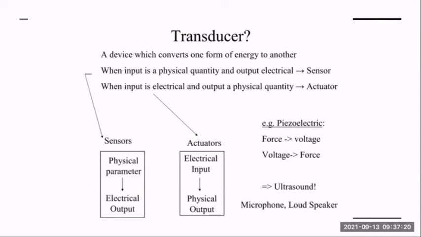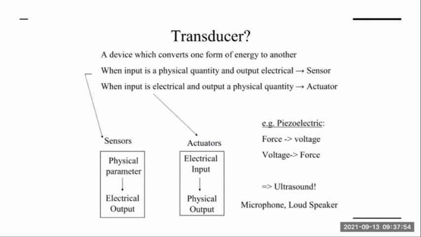I think one word we can use for actuator is output. I'll give an example: a microphone and a loudspeaker. When we speak to the microphone, the input is our voice. The output of the microphone is an electrical signal, so the microphone is a sensor. That electrical signal will pass through the amplifier and go to the speaker.